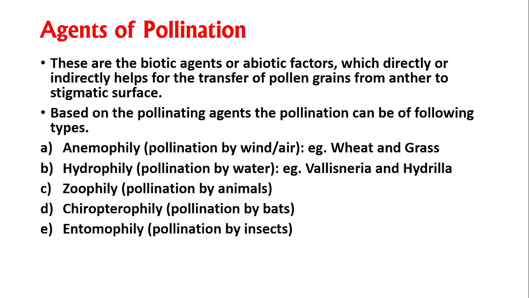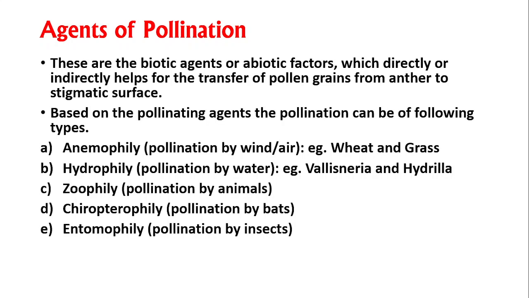After that, when the insect moves towards the stigmatic surface, it will unload the pollen grains on the stigmatic surface. At the same time, in entomophily, the insects are also given a prize for helping the plant get pollinated. The reward is given in the form of nectar and pollen, which they use as their food. Clear?